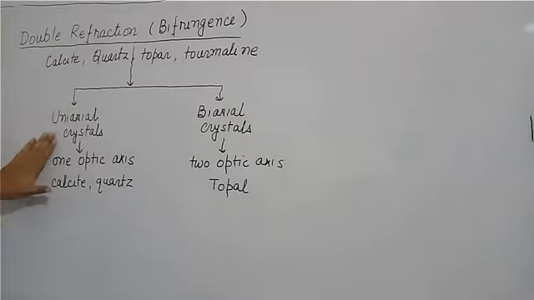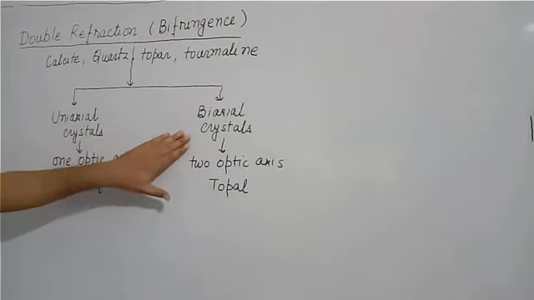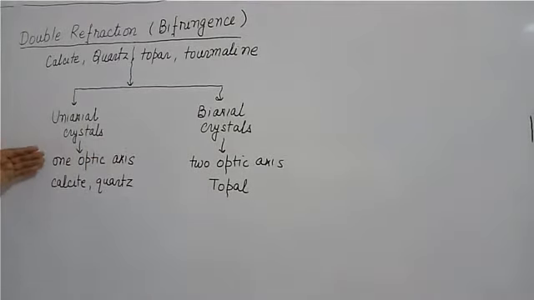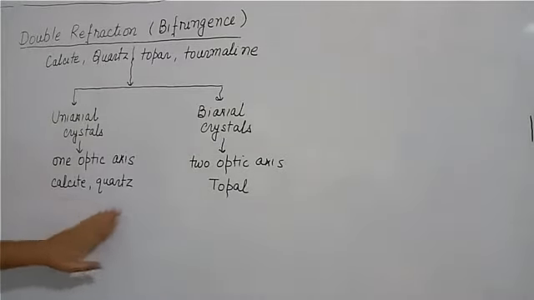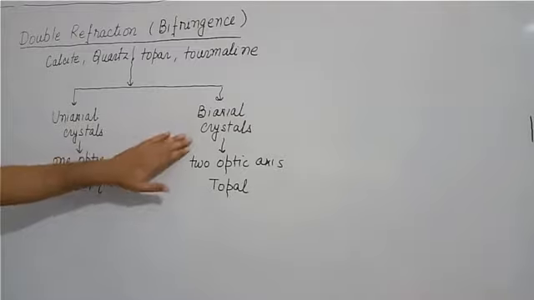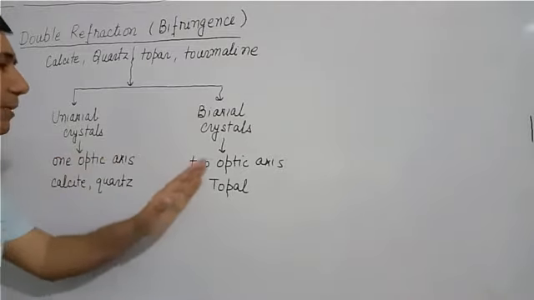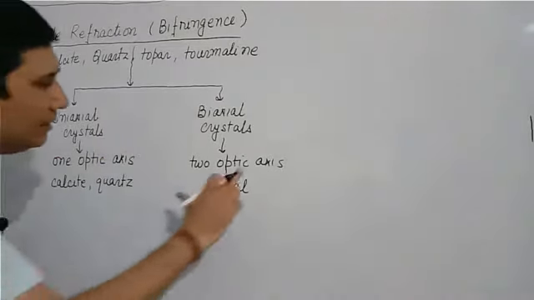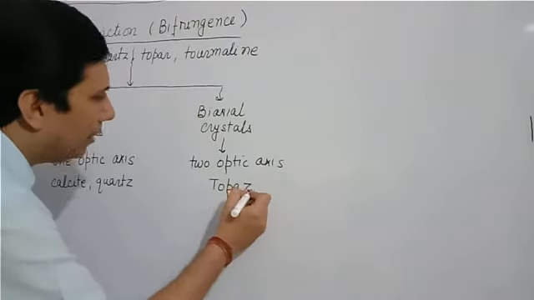One is uniaxial crystal, another is biaxial crystal. In uniaxial crystals, we have one optic axis. Examples are calcite and quartz, while in biaxial crystals, we have two optic axes, and the example of this is topaz.